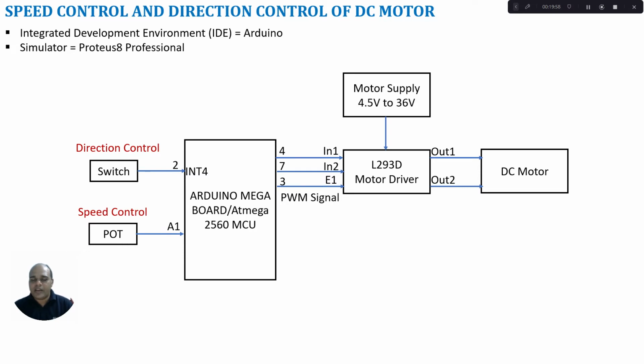By activating the switch, we change the direction of the motor, and by varying the potentiometer value, we change the speed of the DC motor.